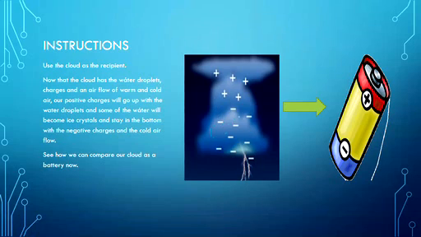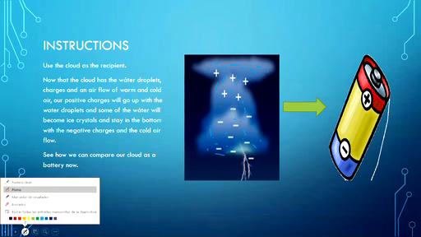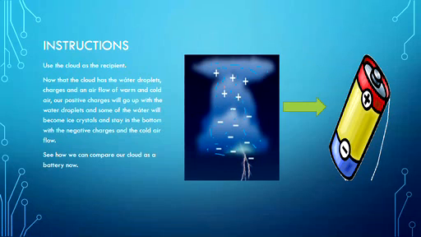It's going to have water droplets like this. And also we're going to have our positive and negative charges. So let's see here, positive and negative charges all over the cloud.